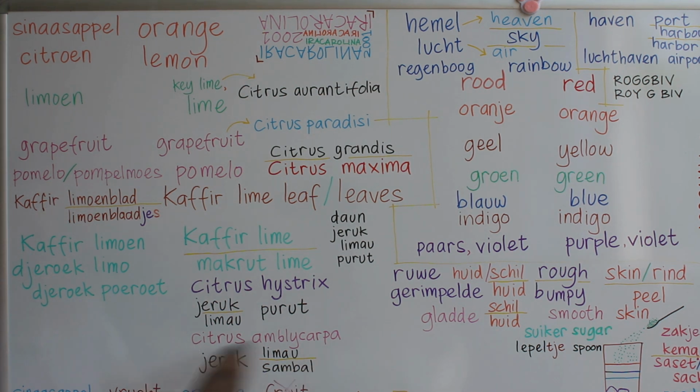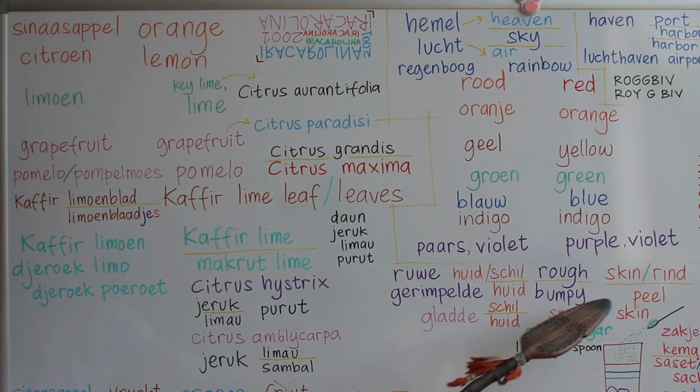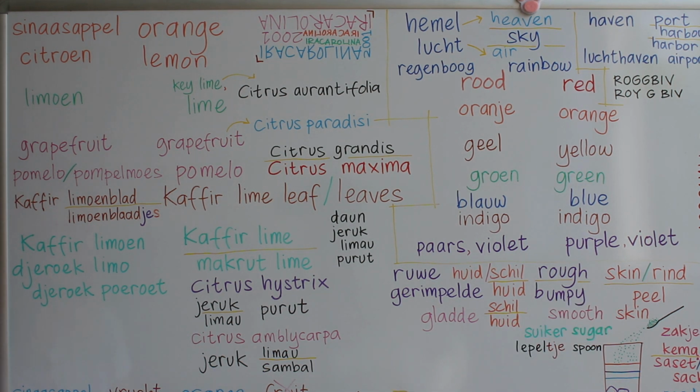And Citrus amblicarpa is the one with smooth skin, smooth rind or smooth peel. Smooth is glade. Peel or skin or rind is hout or schil.